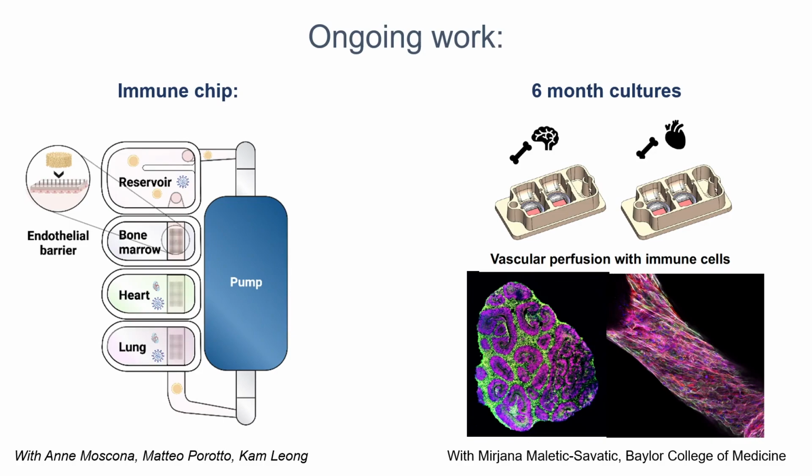Just briefly, where we are going now, we are working on developing an immune chip that can be used for a number of different applications, including infections. We are also trying, I mentioned at the beginning, to extend the duration of culture to 6 months. We teamed up with a colleague from Baylor so that we can, at Columbia, we are culturing bone marrow and the heart muscle linked together.